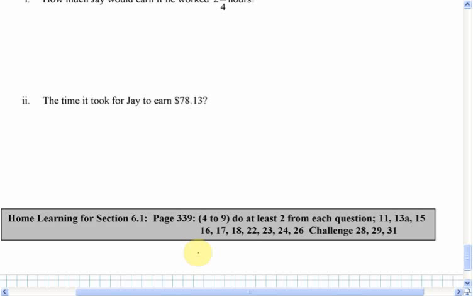You know what? You could do all of them. No, that's not right? Okay, fine. Do everything up to 26. You don't have to do the challenge. That's basically everything. What a deal.